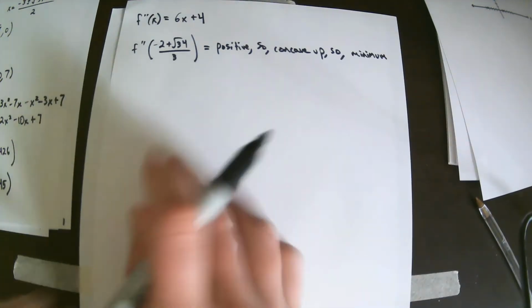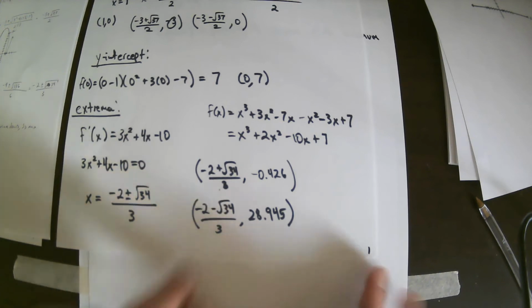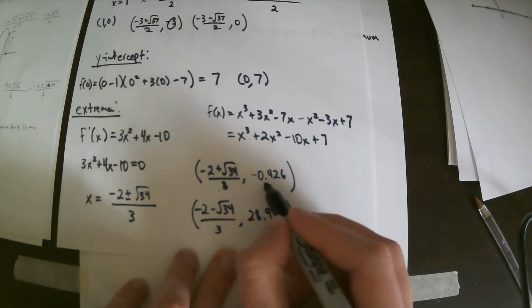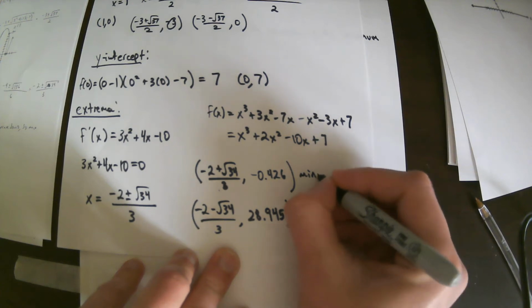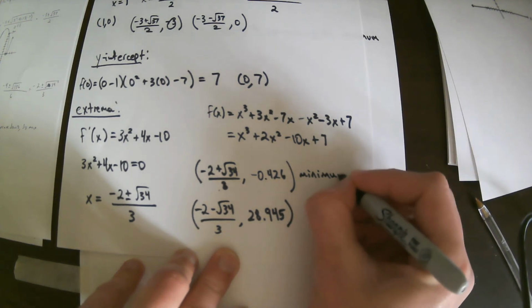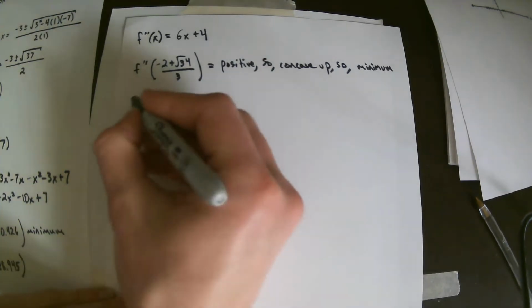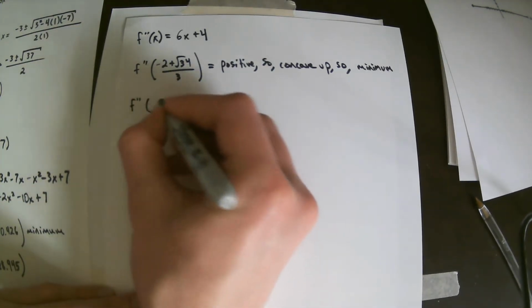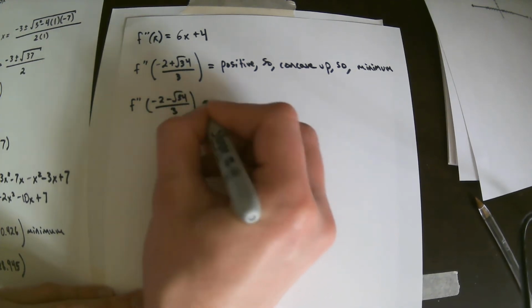So the point negative 2 plus root 34 over 3, comma, negative 0.426 is a min. Oh goodness, I can't spell today. Okay, check the other one. F double prime of negative 2 minus root 34 over 3.